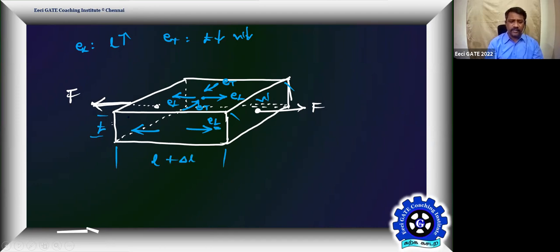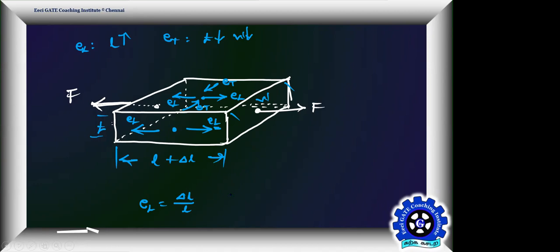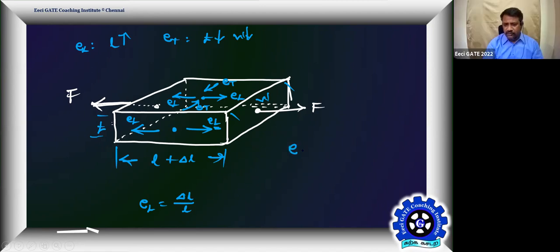EL is the contributor. So with respect to this side, the length becomes L plus delta L. What does EL mean? Delta L by L is nothing but EL acting on this body, in the length. It is the one responsible to increase the length. So change in length by original length is itself your longitudinal strain. Getting, Priya? Yes, sir. Then what about ET? In the same metal block, what is the ET then? What is transverse strain?